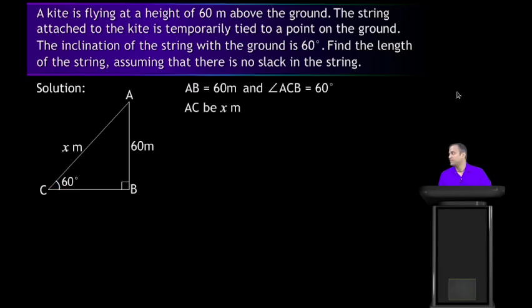Now we can assume AC as x. So AC equals x meter, and this is our triangle. Now which ratio will we choose here, because we have the six trigonometric ratios?